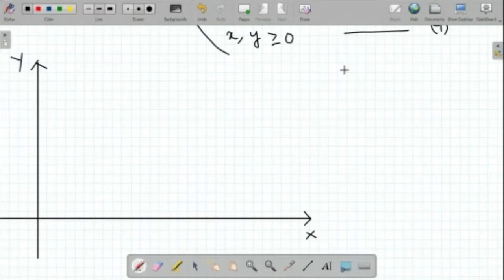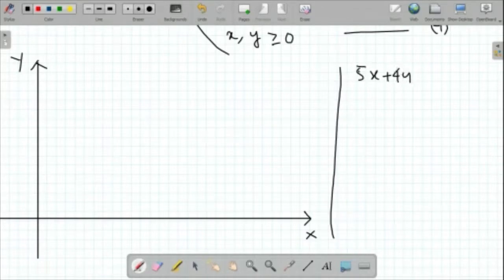Then we have to make the right side 1, that means divide all the sides by 640.